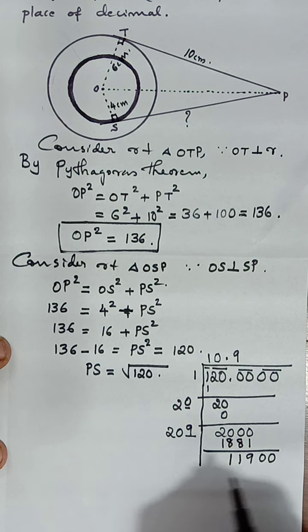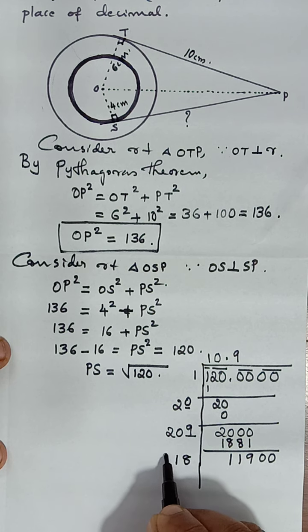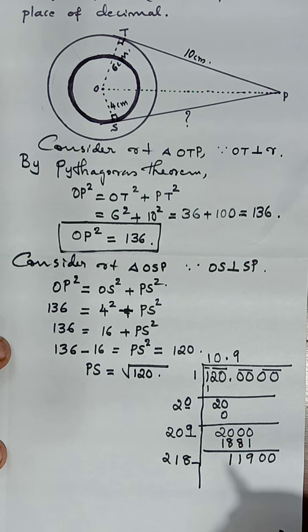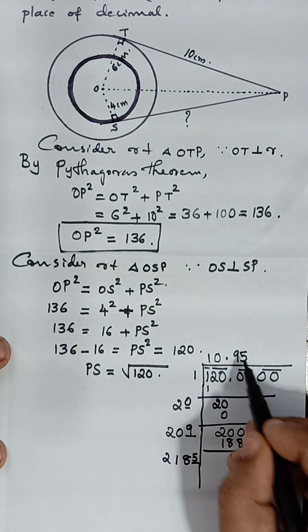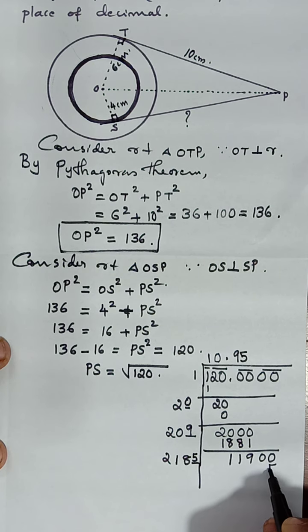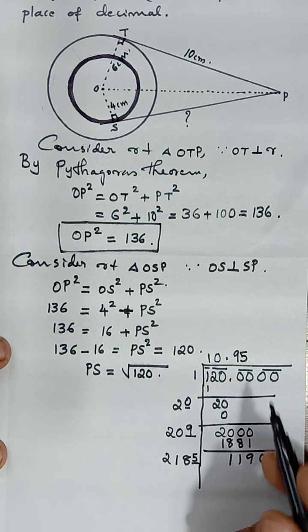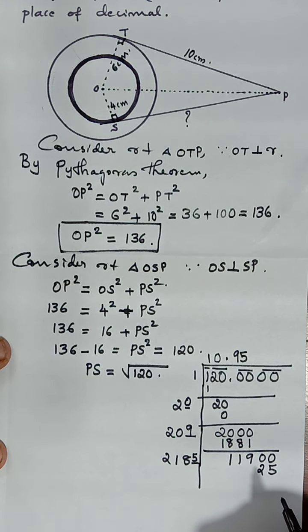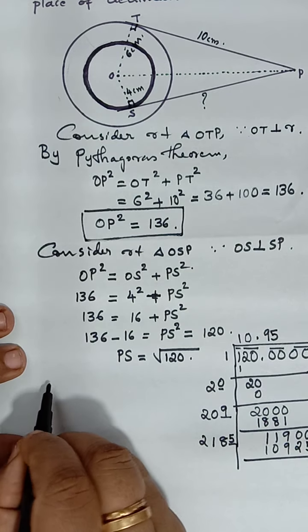Bring down both the zeros. 9's double is 18. 1 comes, 2 comes. Choose a number. So what is that number? We can check it for 5. 5 fives are 25. Then 8 fives are 40. 40 plus 2, 42. Then comes 4. 1 into 5 plus 4, 9. 5 twos are 10. It goes on. Okay, so we don't want to subtract.